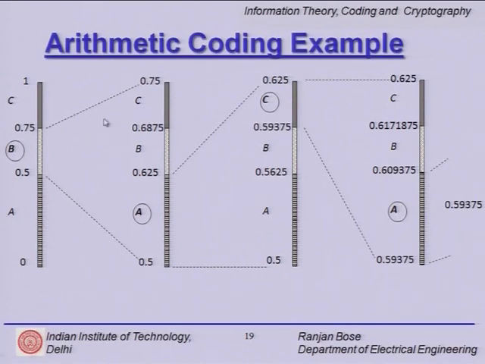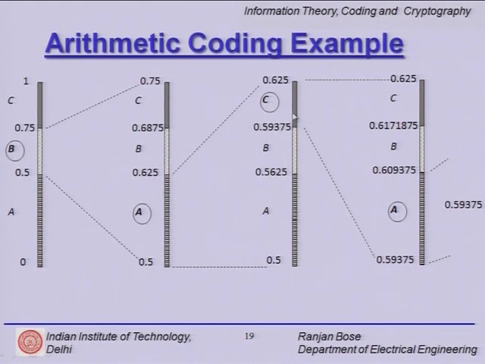So I divide this B section here and I still ask my question, tell me where 0.59375 would lie. And then I said, oh, 0.593, it is bigger than 0.5, but it is less than 0.625, it should lie in this region. I don't care where exactly it lies, it is in this region. Fair enough? So my second decoded symbol is A, but I am not done yet. So I expand it further, mechanical. And I said, where does 0.59375 lie?